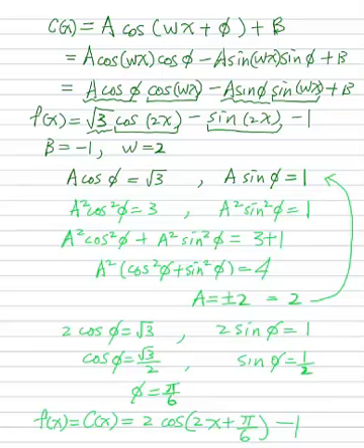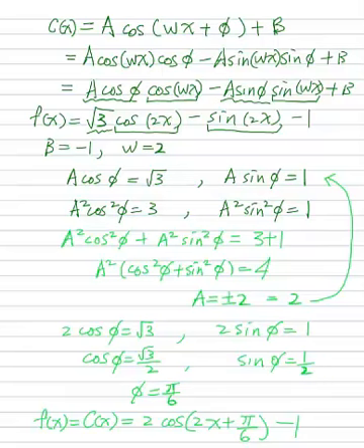Square both sides of each equation, we get a squared cosine squared of phi equals 3, a squared sine squared of phi equals 1. And then we use the Pythagorean identity to solve for a.